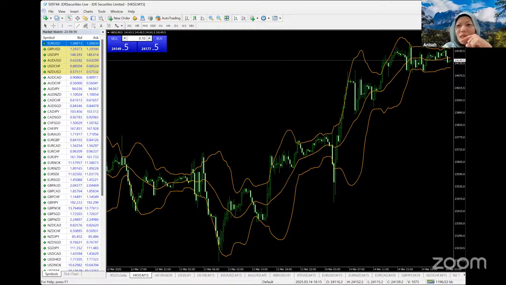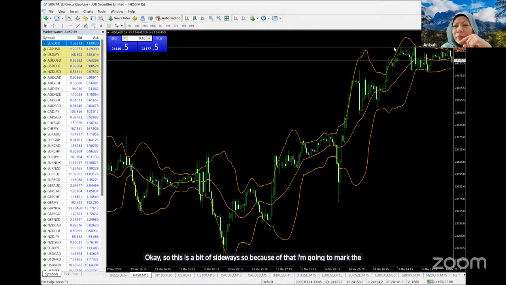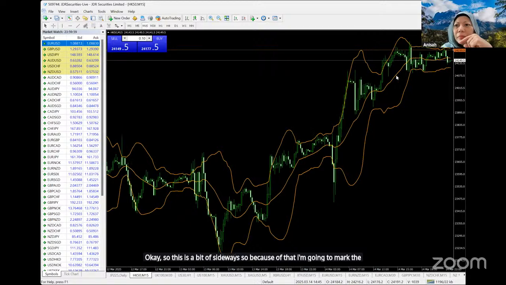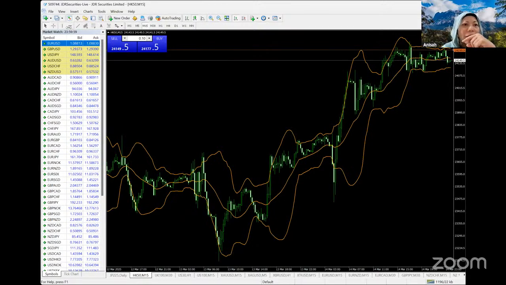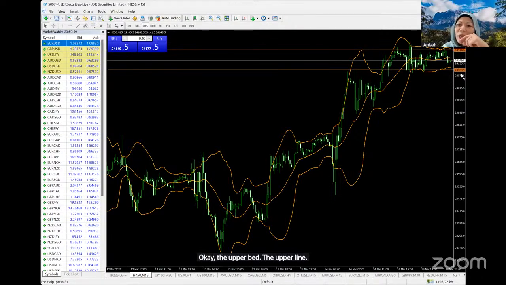Okay, so this is a bit of sideways. Because of that, I'm going to mark the upper band, the upper line, and the lower. So this is a ranging range between 24,199 and 24,103.